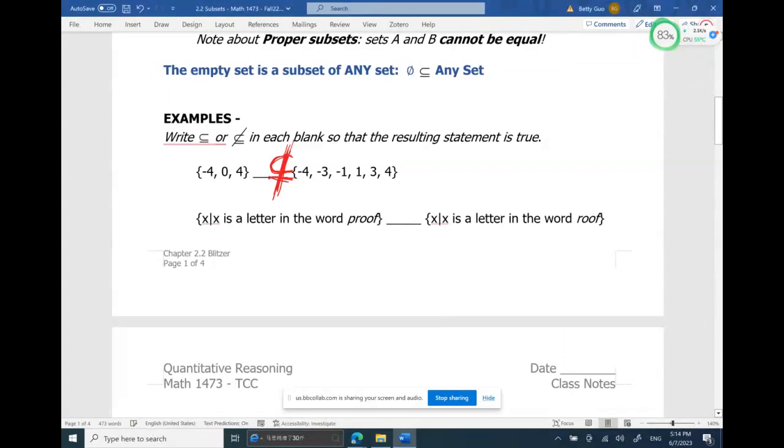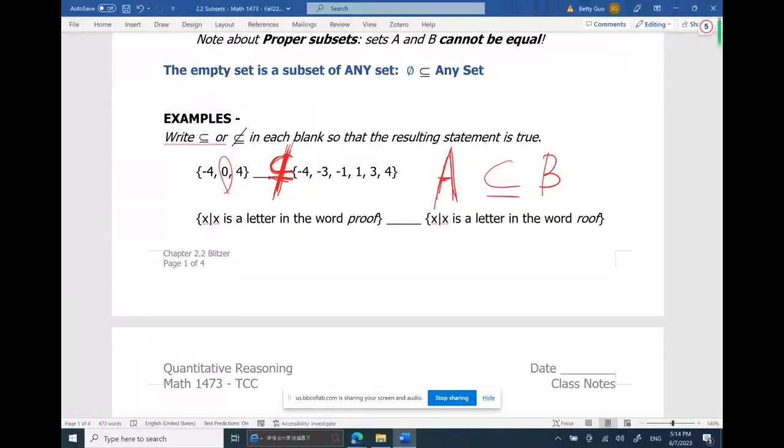Why? Because 0 is not an element of the set on the right-hand side. In order to make the subset relationship hold, all the elements in set A have to belong to set B as well. But here 0 is not an element, so it's not a subset.